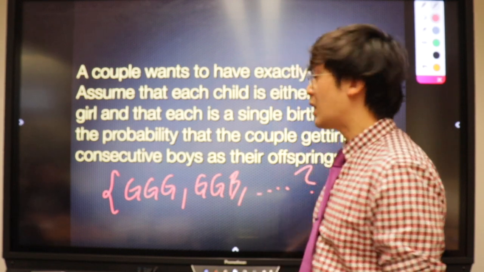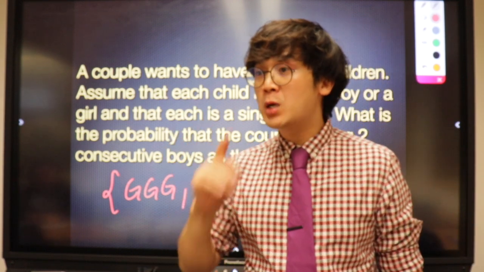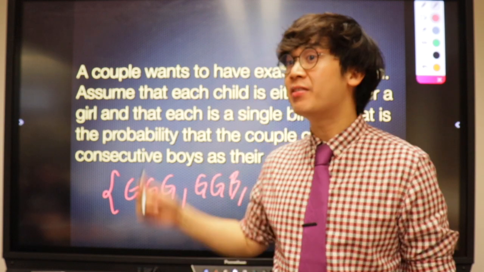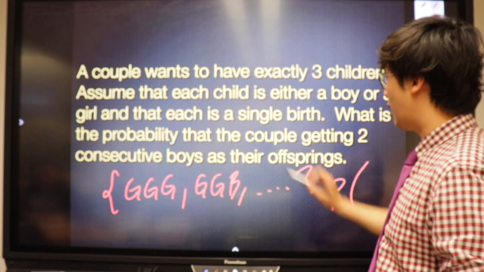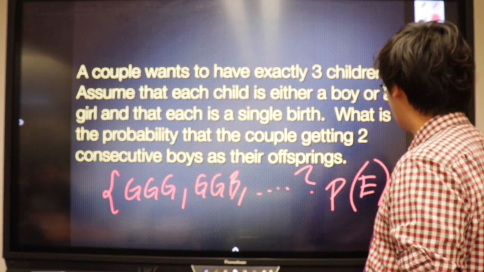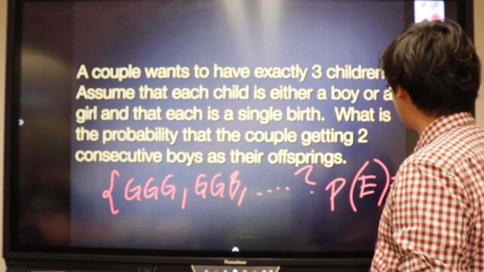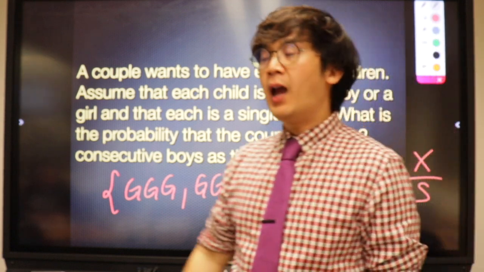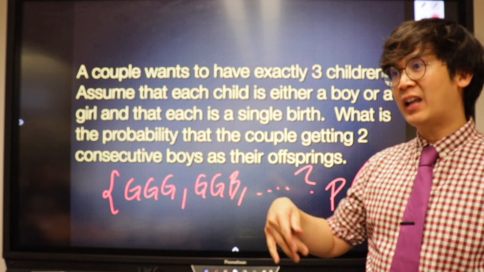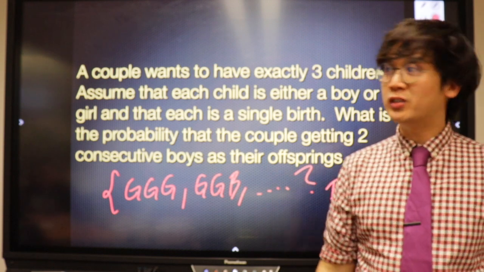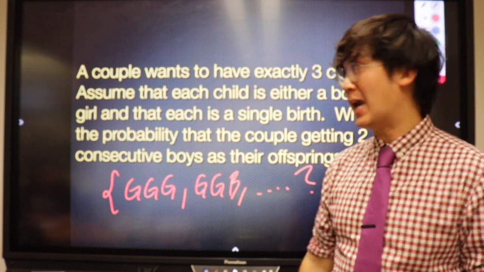Now, we need the exact number of possible outcomes in this probability so we can compute the probability of this event. So we need our x and we need our sample space. Sometimes finding the sample space is difficult and finding the number of success is also difficult, just like in this particular example.